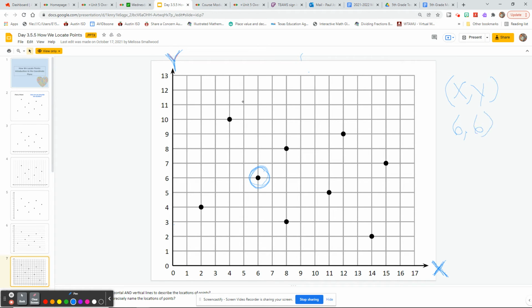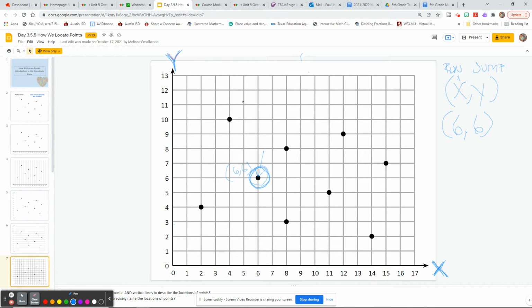So if we wanted to give the exact location of this point right here, it's at 6, 6. 6 on the x-axis, so we run 6, and then 6 on the y-axis, so we jump 6. All right. So you run on the horizontal x-axis and you jump on the y-axis, all right?